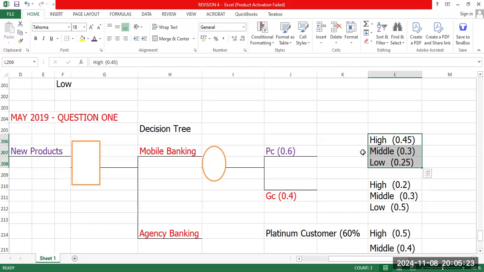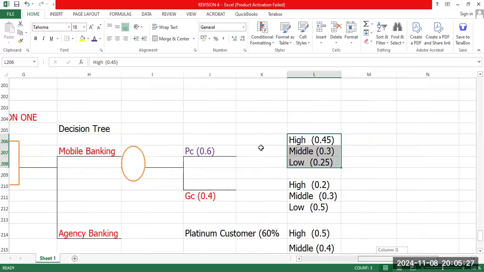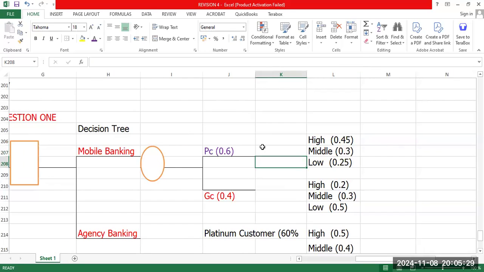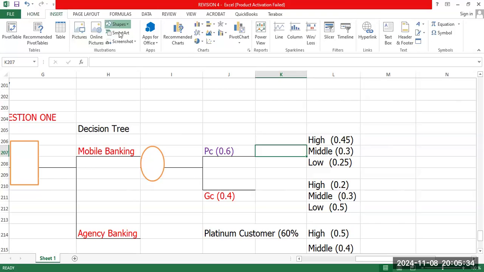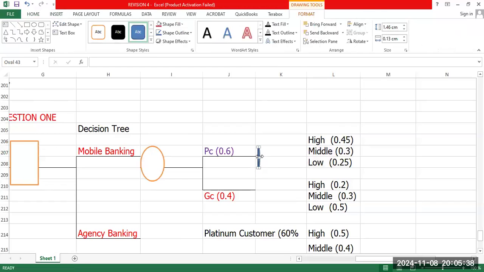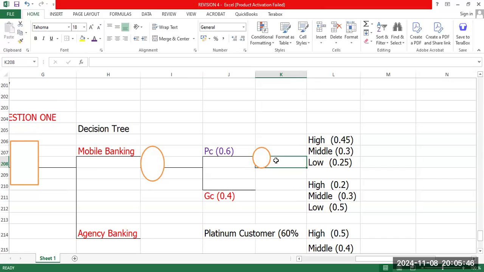So I draw also here my circle, and here my circle.